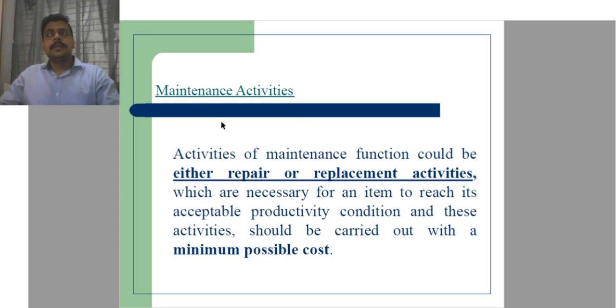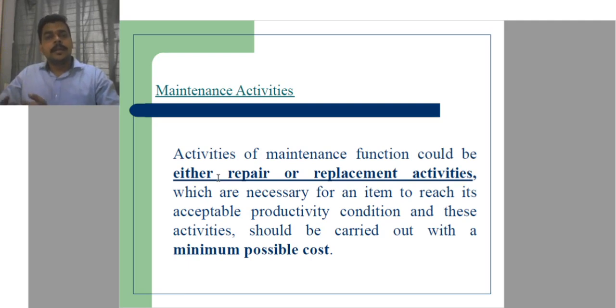Then we are interested in maintenance activities. What is a maintenance activity? The activities of the maintenance function could be either repair or replacement activities. Let's say there is a maintenance work for an electrical motor.